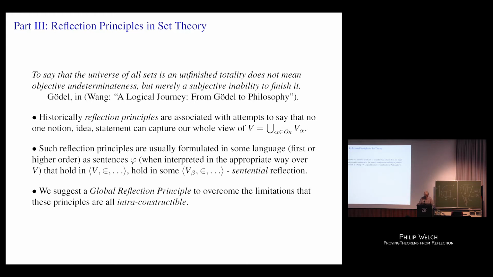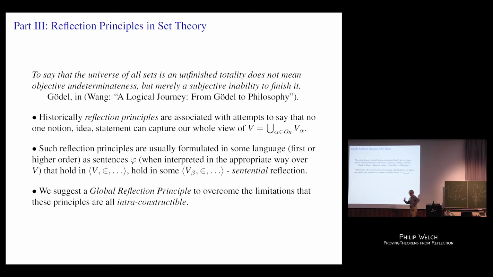But as I said, I don't want to get into philosophical things in this talk. So historically, so-called reflection principles, and I'll give an example in a moment, are associated with views that there's no one notion or statement or sentence that will capture this whole universe of sets.